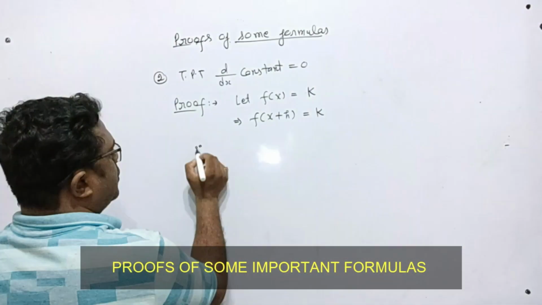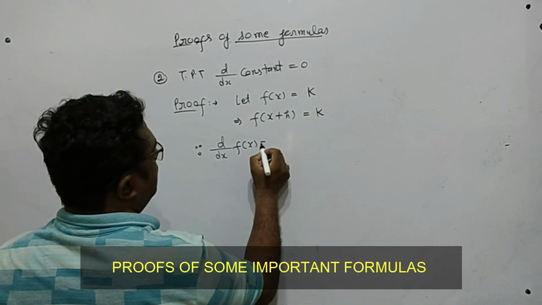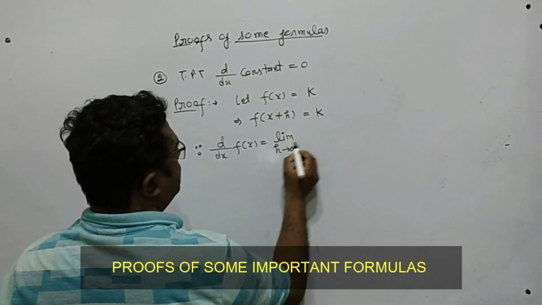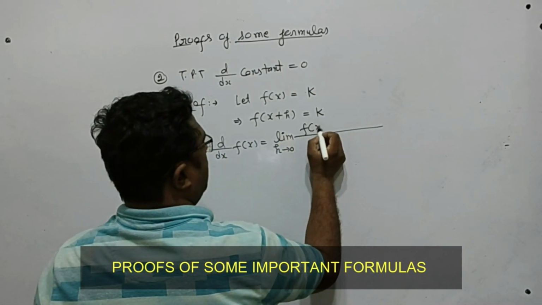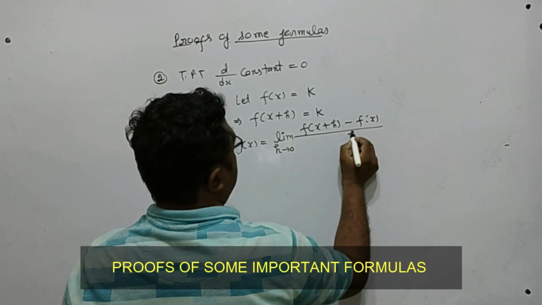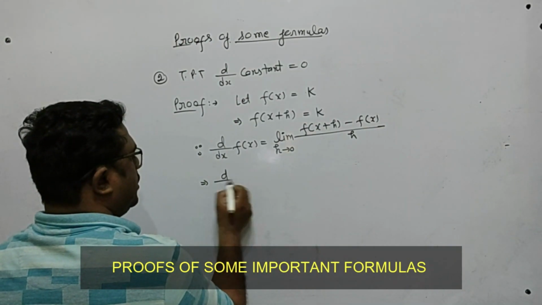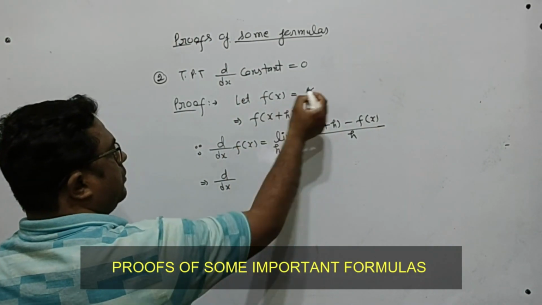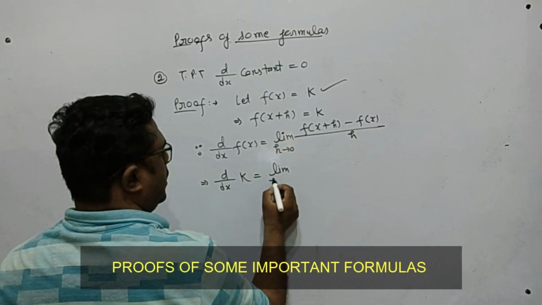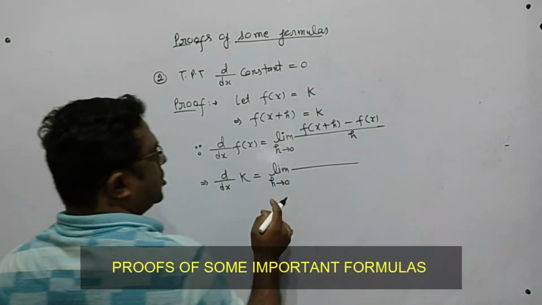Now what is the formula of first principle? d by dx of f(x) is equal to limit h tending to 0 of f(x plus h) minus f(x) upon h. This implies that d by dx of f(x) is limit h tending to 0 of, what is the value of f(x plus h)?